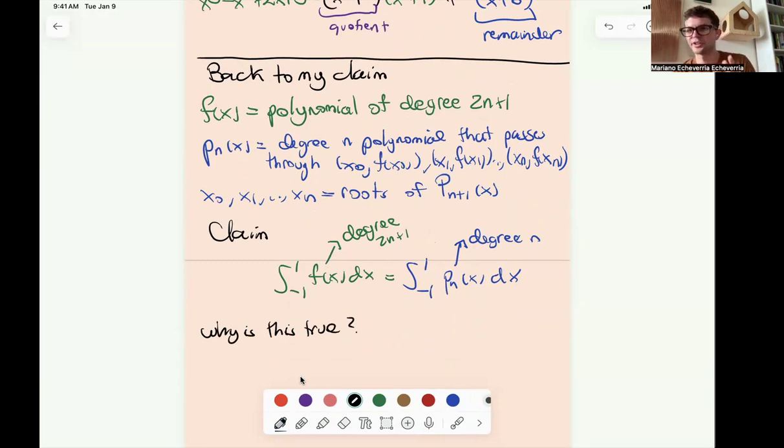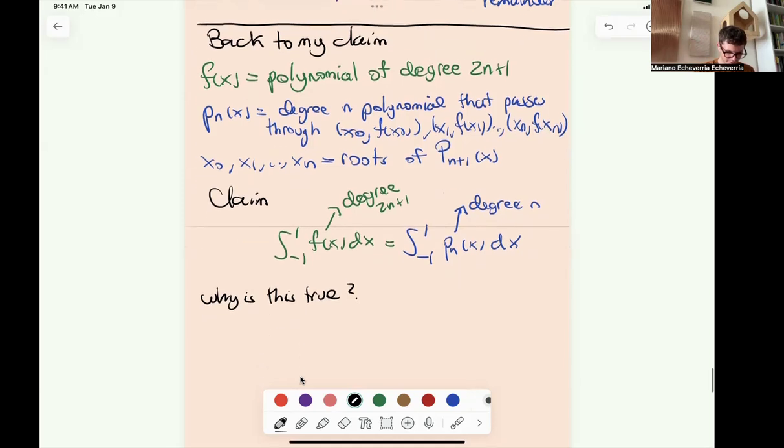And this is where you use long division. You can apply long division to f of x and the Legendre polynomial. So basically, you apply long division to f of x and the Legendre polynomial Pn plus 1 of x.